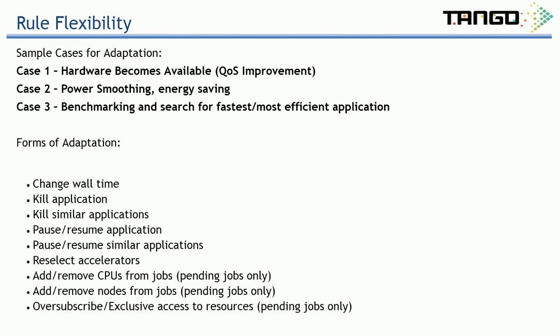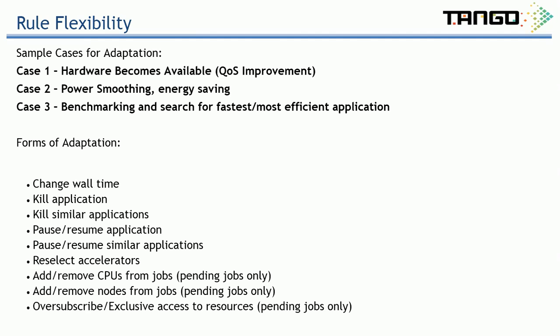We can pause and resume applications, or again act upon a whole series of applications at once. We can reselect accelerators by redeploying the application using information given by the ALDI and actually choose a different configuration for the application and run that instead.